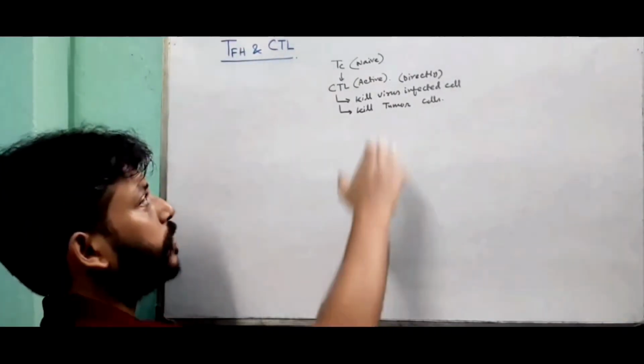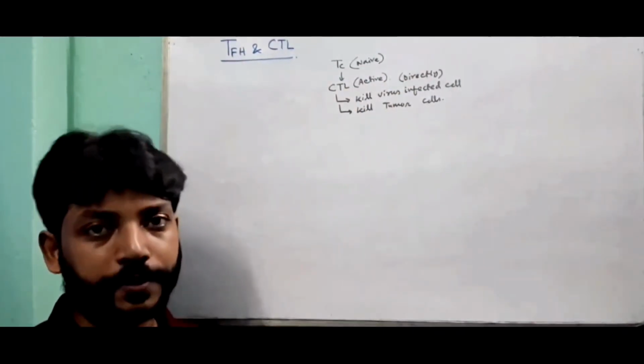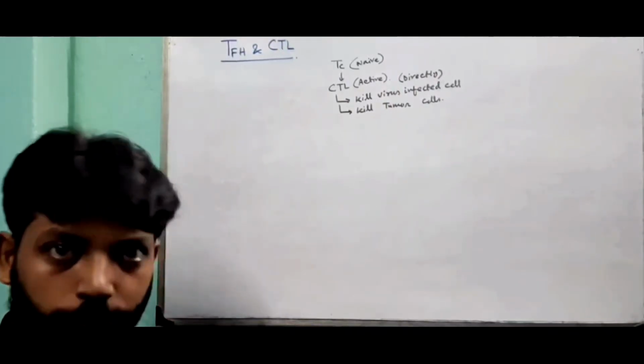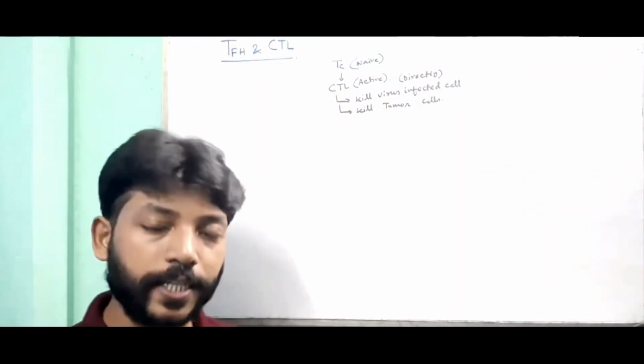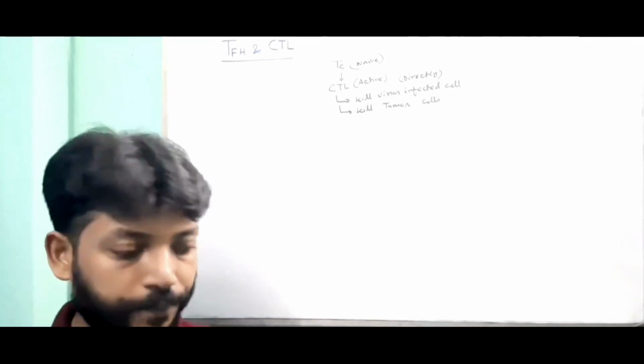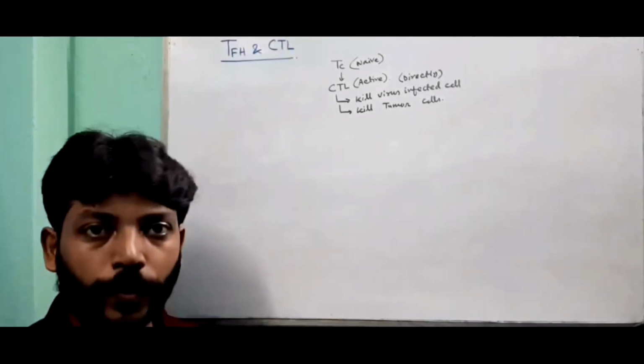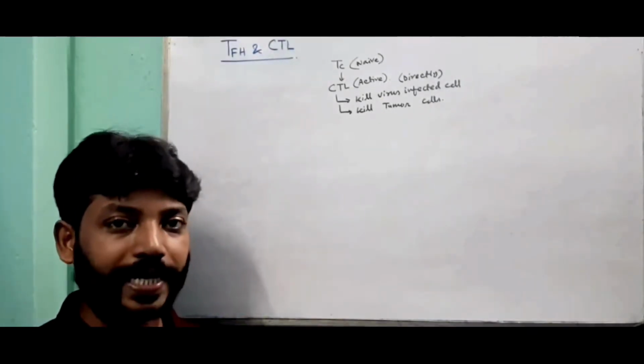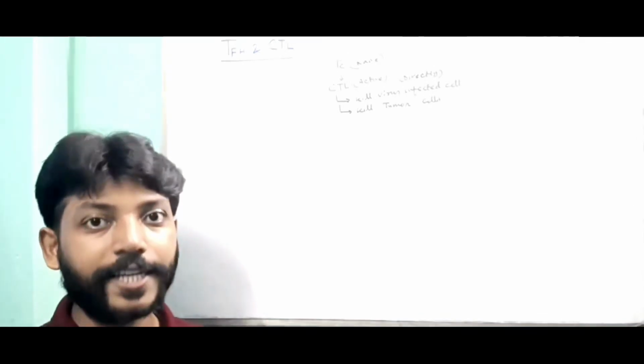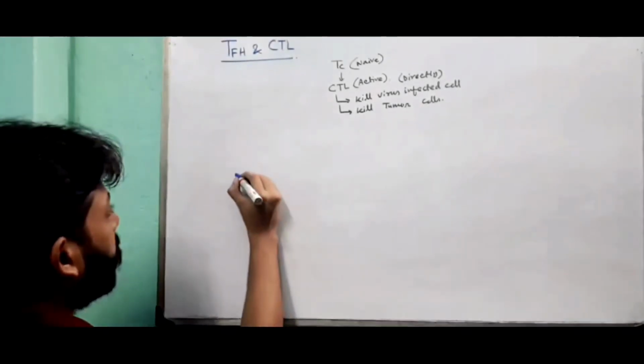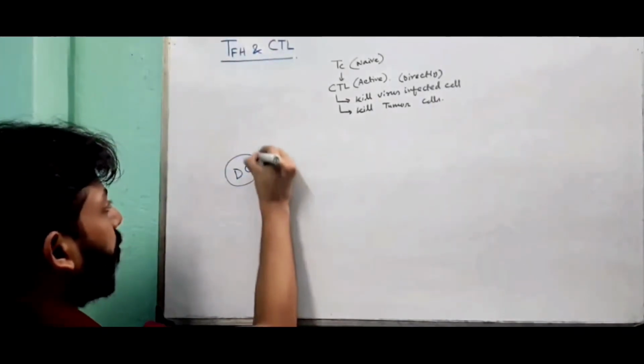But how are these cytotoxic T cells activated? At first they are in a naive, inactive condition, then they become cytotoxic T lymphocytes, CTLs. And as we know, all naive T cells are activated by dendritic cells. So the dendritic cell is responsible for this activation.